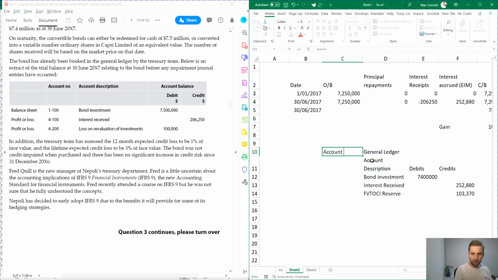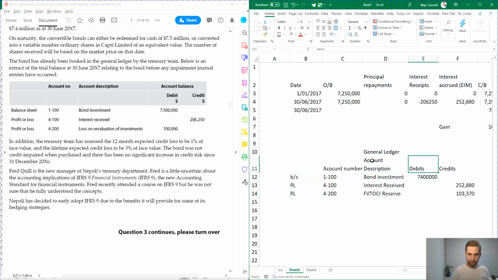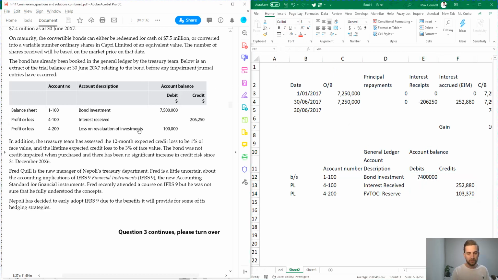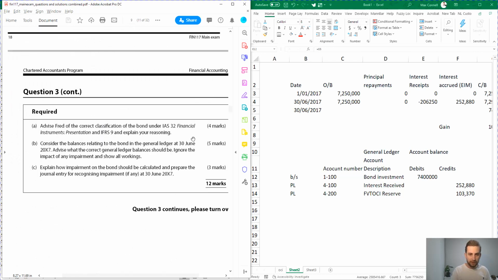So we're going to have account number, we're going to have 100, 200, and then BS, PL, DL, and account balance. Once you fill that out, you can provide the correct balances as they should be over here compared to what it is in the existing question. And that's how you get 5 marks for part B.